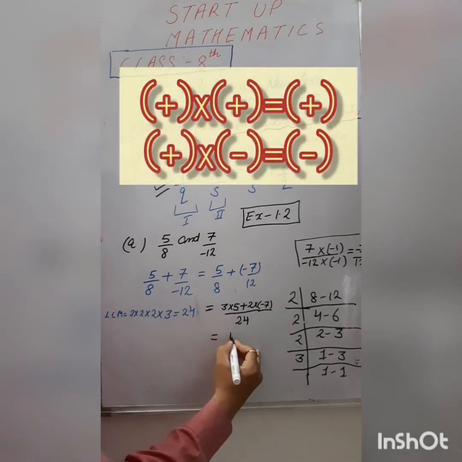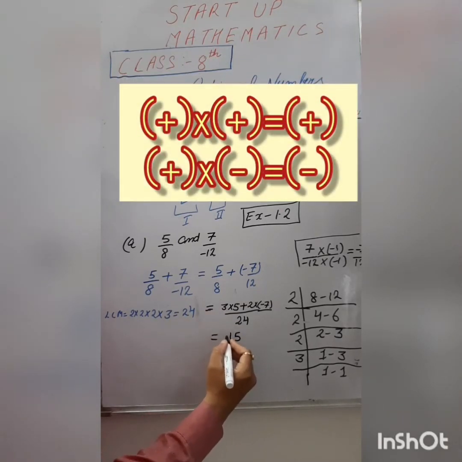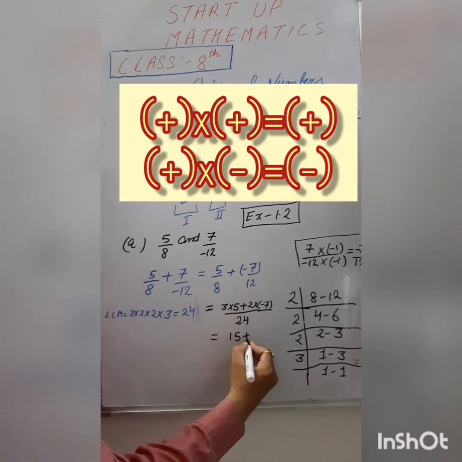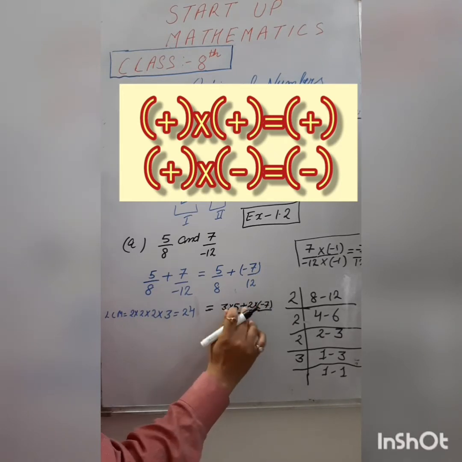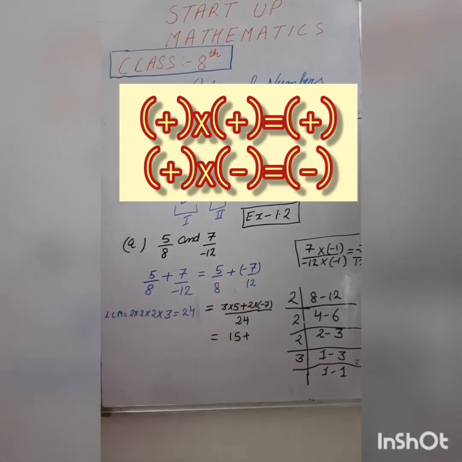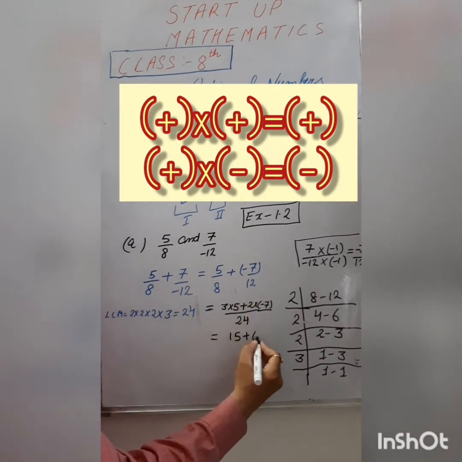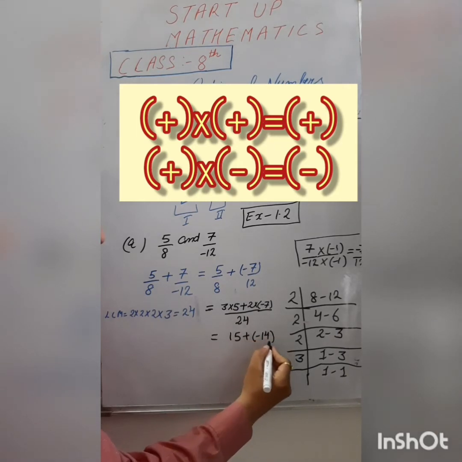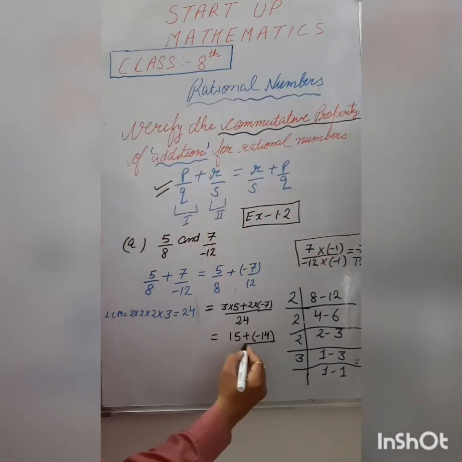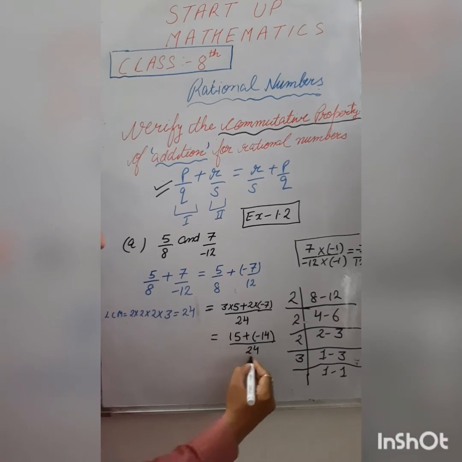3 5s are 15 plus, now here see, 2 is positive and minus 7 is negative, so you multiply these two, you will get minus 14, so minus 14 over 24.